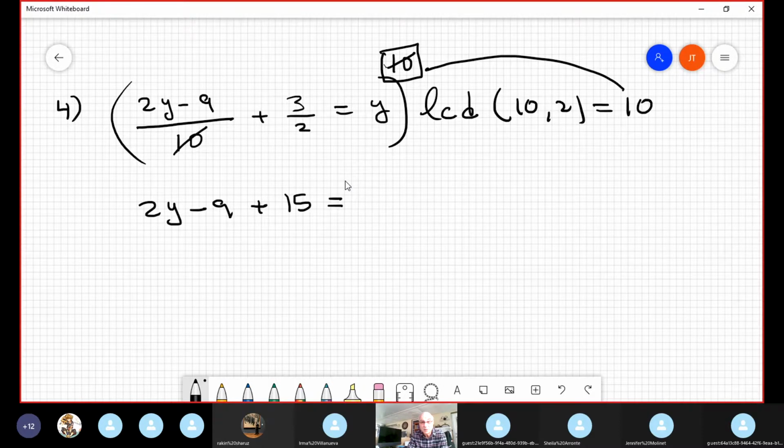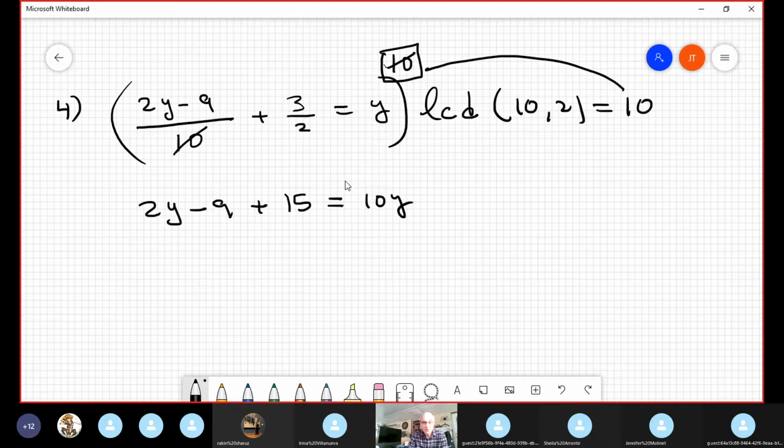Either way, equals 10 times y, which is 10y. Magically, we have no fraction anymore. This equation is perfectly equivalent to the original. The only difference is the original contains a fraction and the new one doesn't, but the solution is the same.